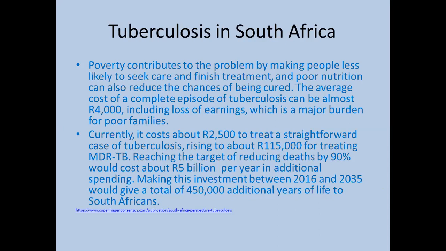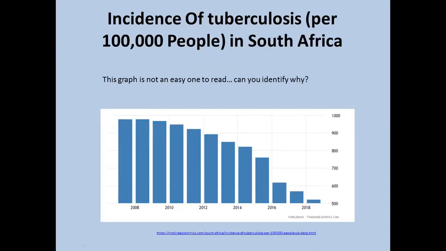So it has been calculated that by putting in this extra 5 billion into tuberculosis treatment per year, the South African government between 2016 and 2035 would give a total of 450,000 additional years of life to South Africans. And this is important because it's additional years of earning power, and that's important for the economy.